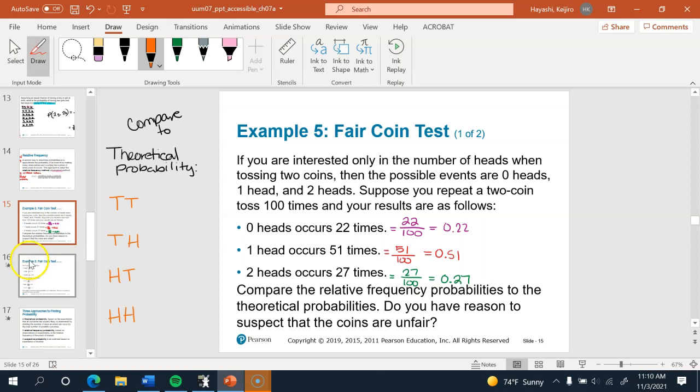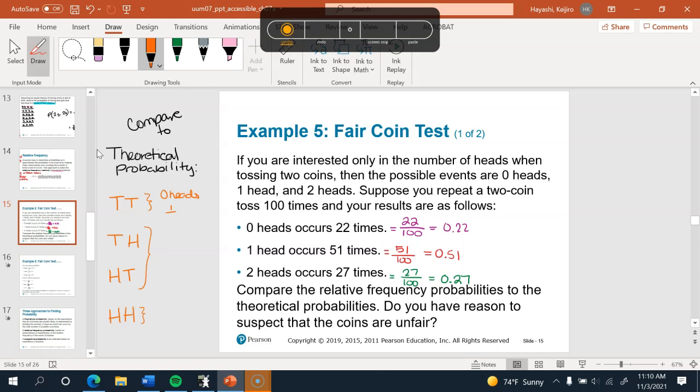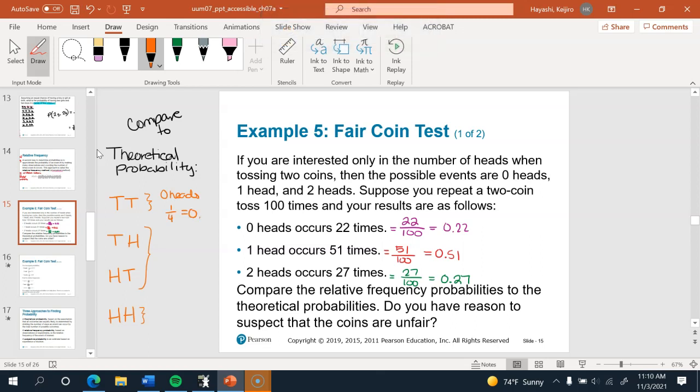And that's tossing 2 coins at the same time. So there are 4 outcomes. If we group them by number of heads, if they both come up tails, that's 0 heads, and that corresponds to 1 of the 4 theoretical outcomes. So that happens with probability 1/4, or 0.25.